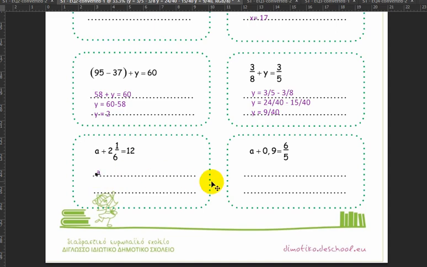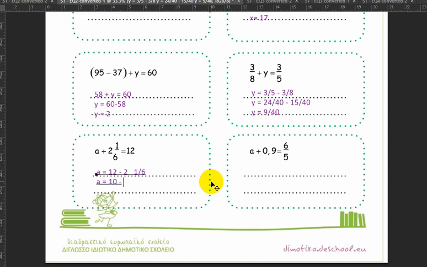Here we even have a complex number. So 1 plus 2 1/6 equals 12. So we would get that a is equal to 12 minus 2 1/6. Now we can just do 12 minus 2, and that makes 10. Then we'd also have to subtract 1/6.